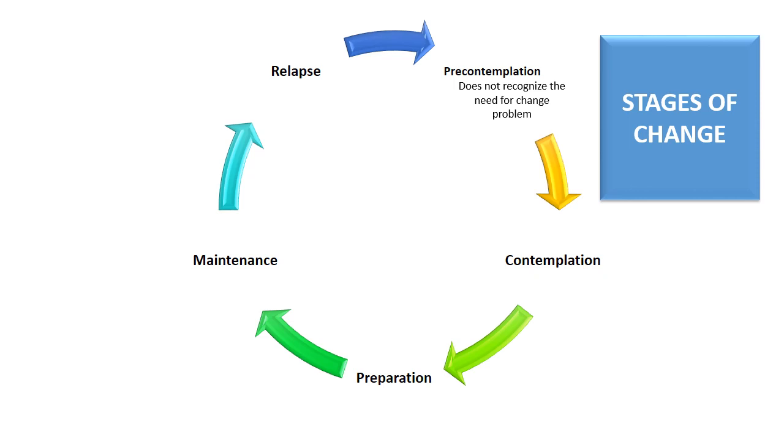Actually, the person wants to change the people around them, and the person doesn't want to change himself or herself. And what can be done or what is required at this stage is consciousness raising, that is learning about the problem behavior.